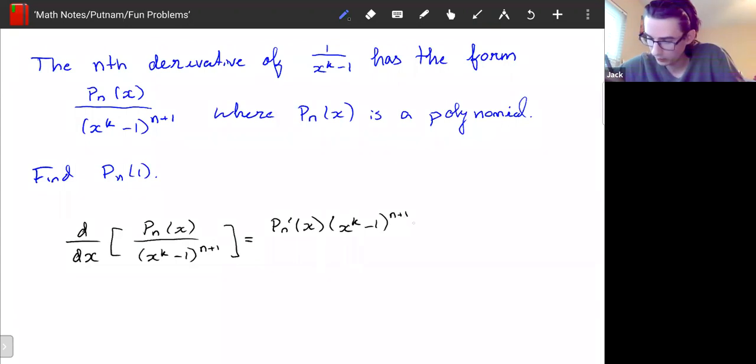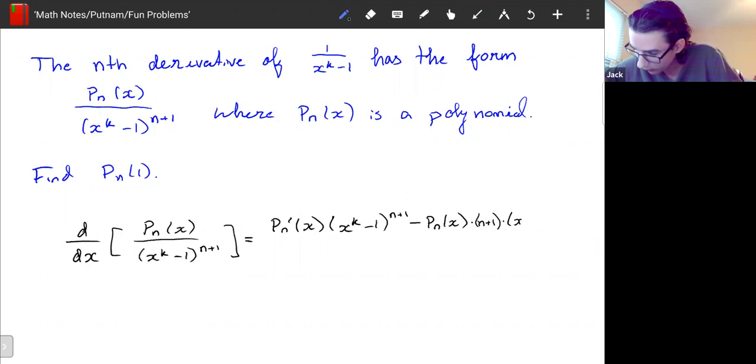Then we subtract p sub n of x multiplied by the derivative of the denominator, which is n plus 1 times x to the power of k minus 1 to the power of n.